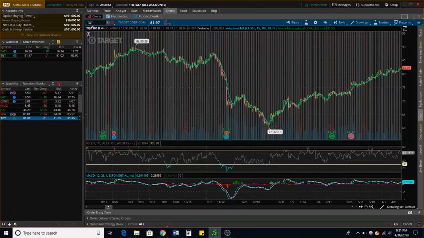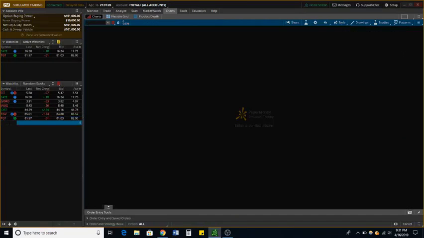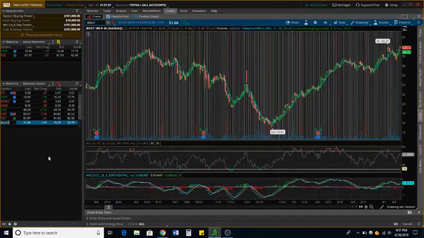Ticker symbol BOOT. Ooh. Okay, another upward pattern.